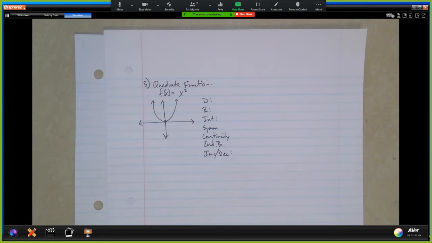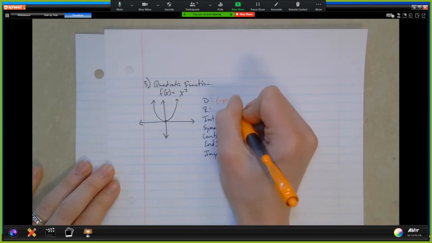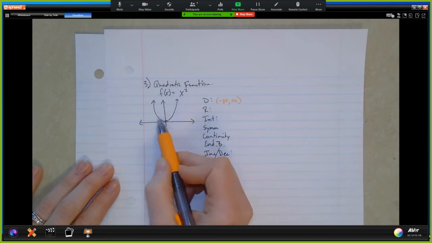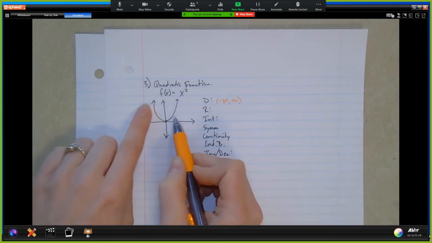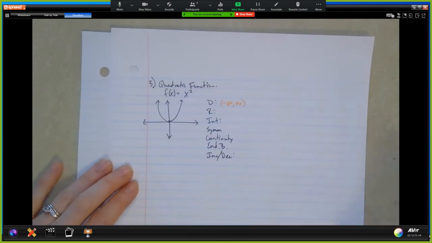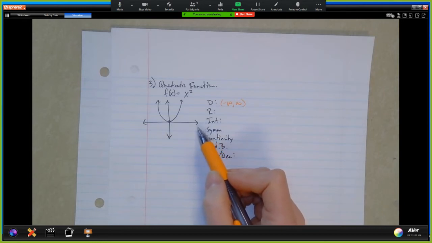Yep, it is still negative infinity to infinity because all values can be plugged into x, or we can see that that U shape is going to keep getting wider and wider and cover all x's. Both ways to think about it. Yep. And then range. So far we've seen the range as just the constant, negative infinity to infinity, right?